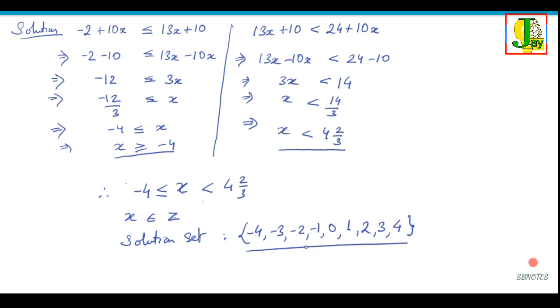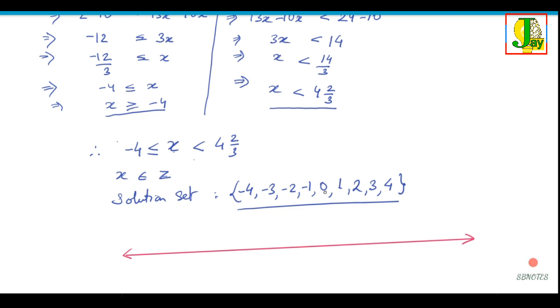Okay, so we have values of x ranging from minus 4 to 4. So 0, 1, 2, 3, 4, 5, one more than what we have, minus 1, minus 2, minus 3, minus 4, and minus 5.